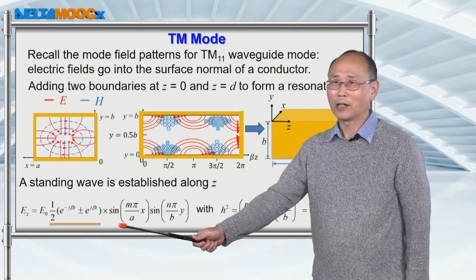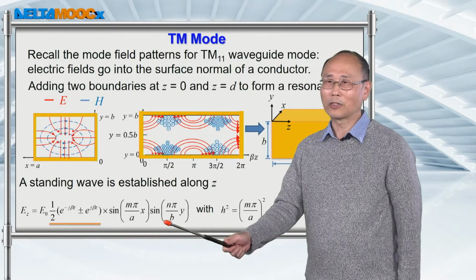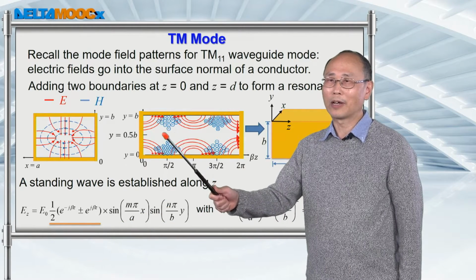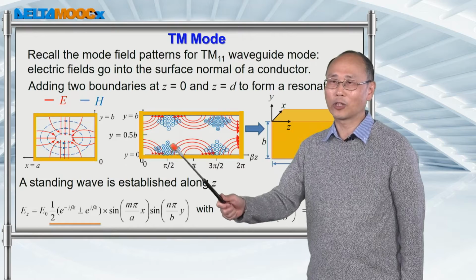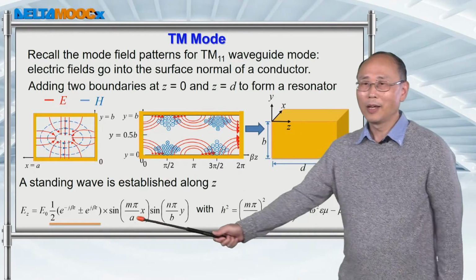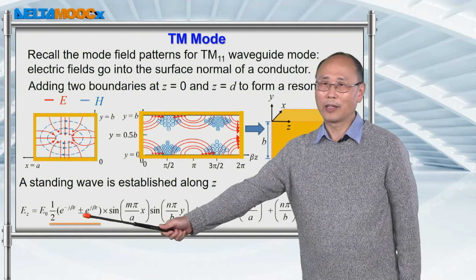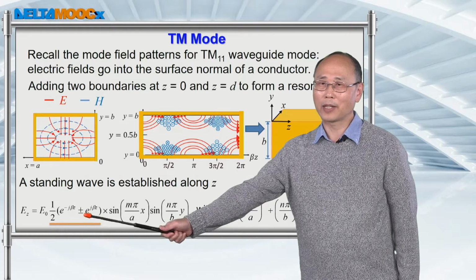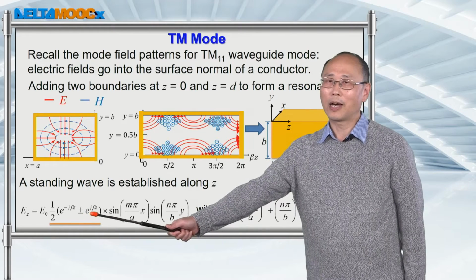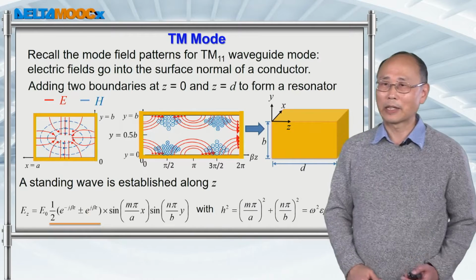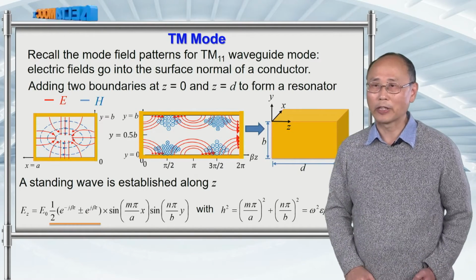But originally, this sine solution already tells you the standing wave along the transverse direction. At this moment, we don't know yet if we want to keep this plus sign or minus sign in this expression, but this is going to be decided later by using the boundary conditions.